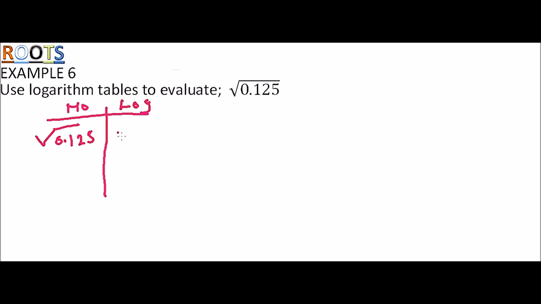The logarithm of this number is bar 1, because it is a positive number less than 1. The logarithm of 1.25 is 0.0969, and because we are getting the square root, we multiply this by a half.